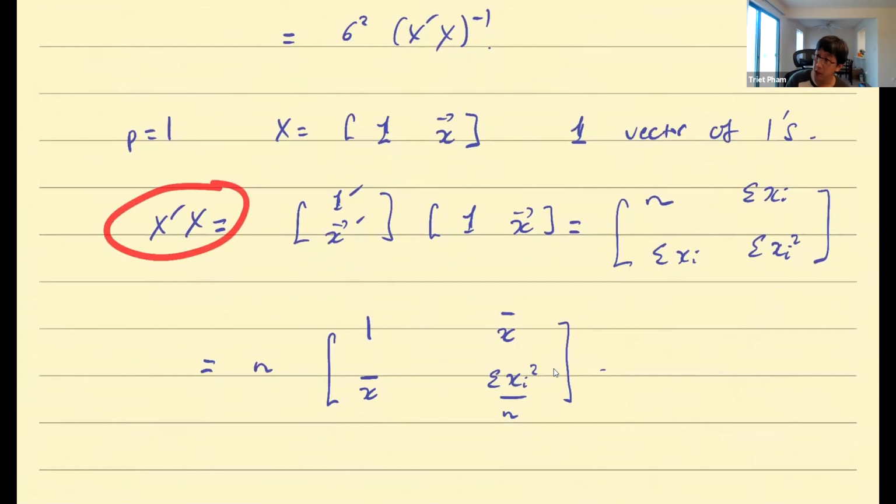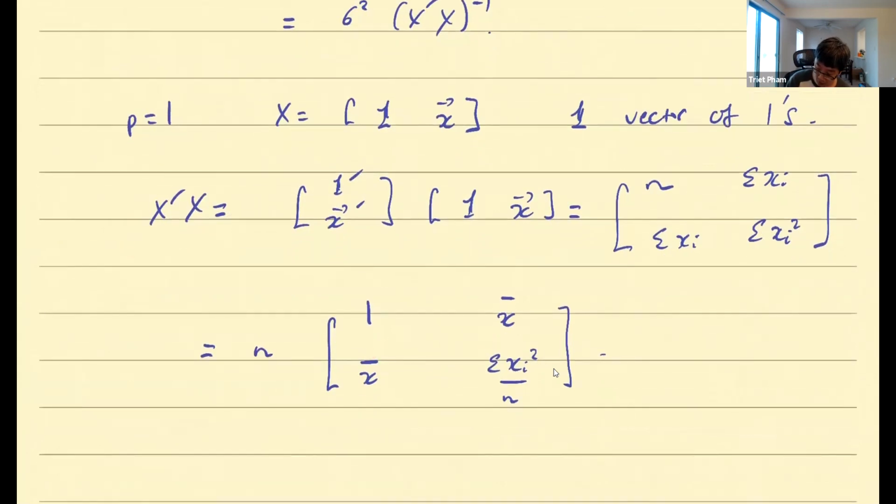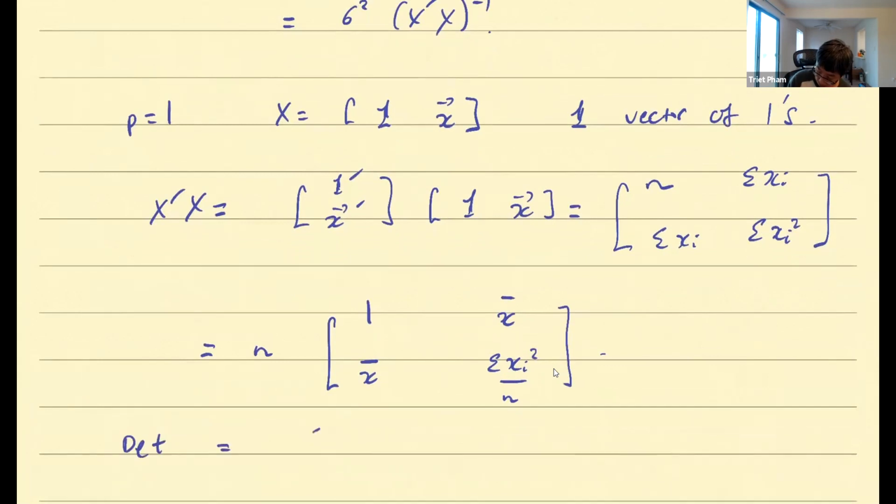How do you invert this matrix? Well, you have to calculate the determinant. The determinant of the inside matrix will be sum of Xi squared over N minus X bar squared. You know what this is? This is N times SXX, because that's exactly the variance.